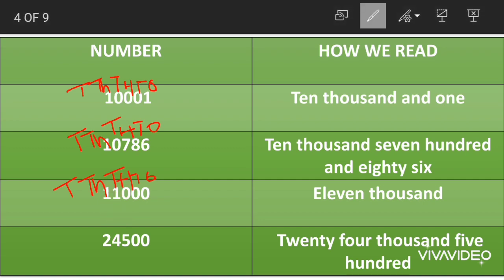Let me write here. The place value will be 1,000. Again, this one is at 10,000's place. So what will the place value of this one be? The place value will be 10,000. So we have this 10,000 and also this 1,000.